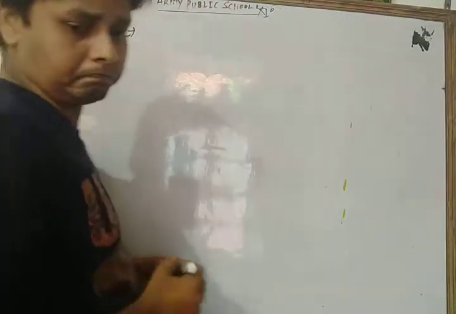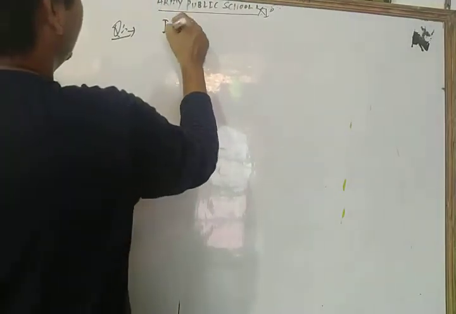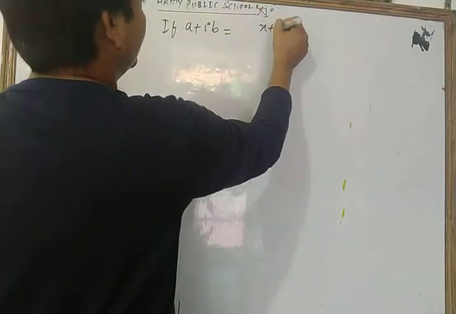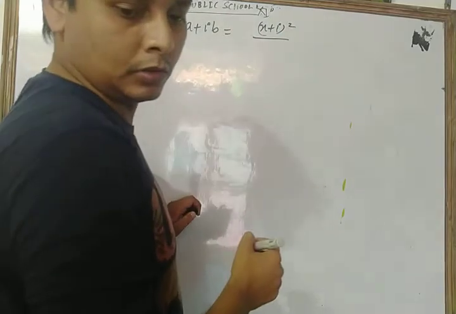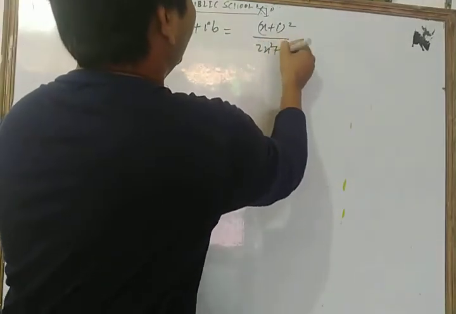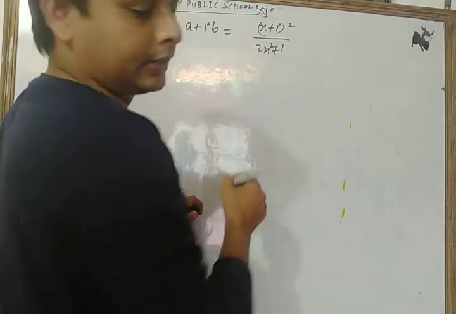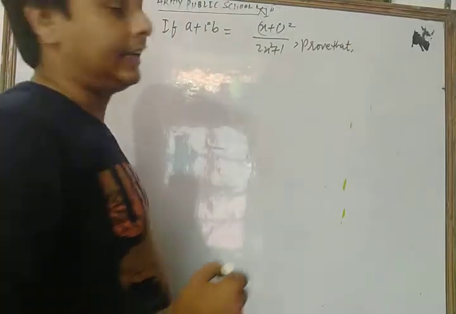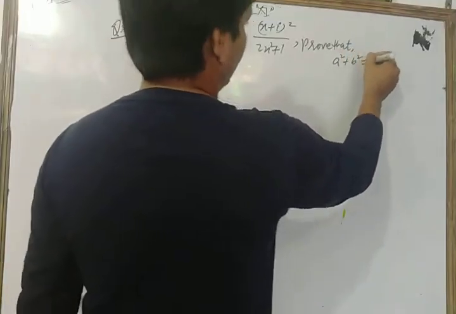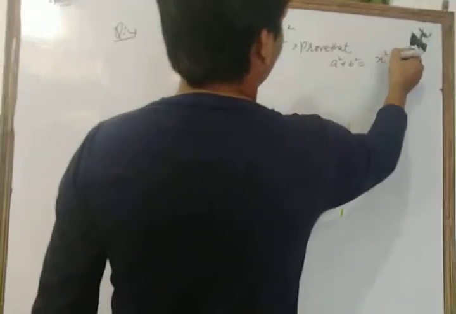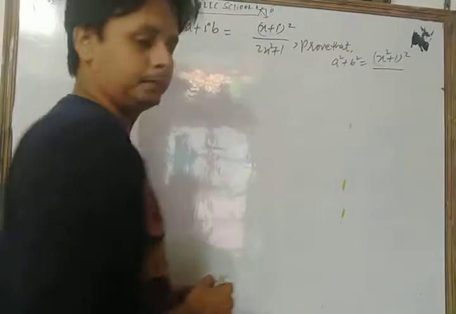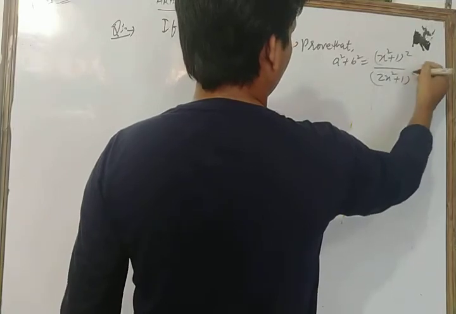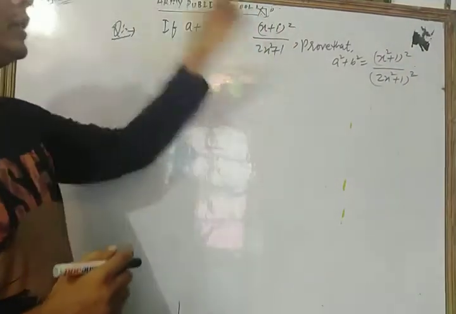Next question is, if a + ib is equal to (x + i)² upon 2x² + 1, then prove that a² + b² is equal to (x² + 1)² upon (2x² + 1)². Okay, this is our question here.